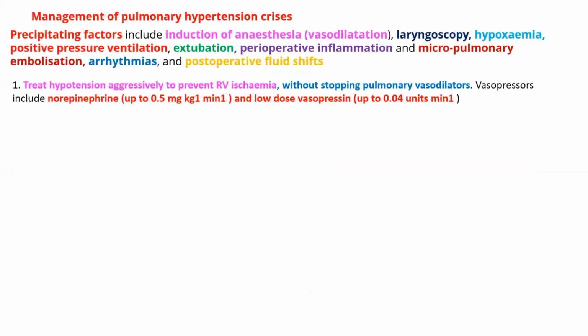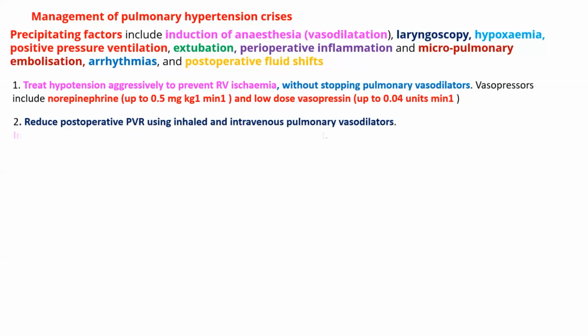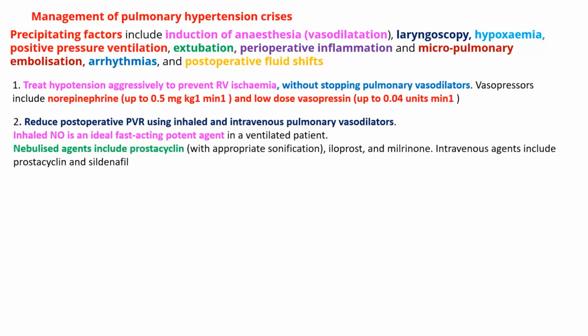Then treat hypotension aggressively to prevent right ventricular ischemia, but at the same time maintain pulmonary vasodilation. Reduce postoperative PVR using inhaled or intravenous pulmonary vasodilators. Inhaled nitric oxide is fast acting and will be useful to dilate the vessels and reduce the pressure. There are nebulized agents like prostacyclin, and intravenous agents like prostacyclin.